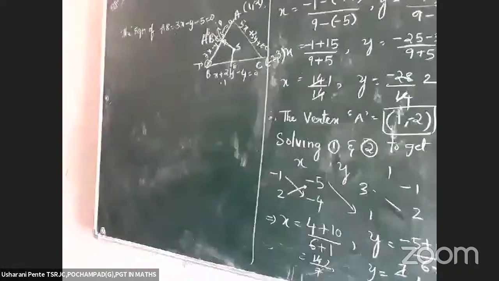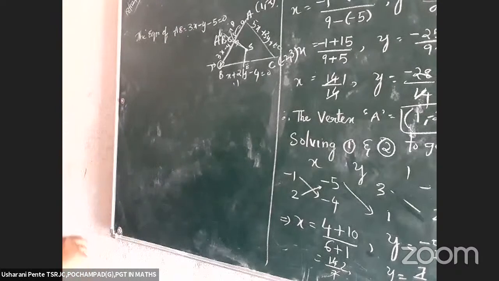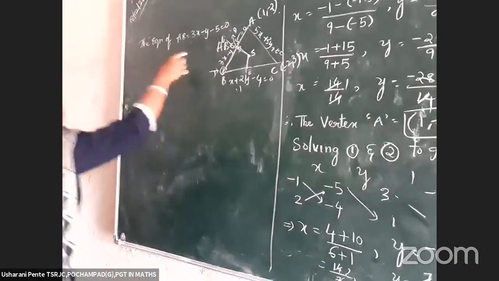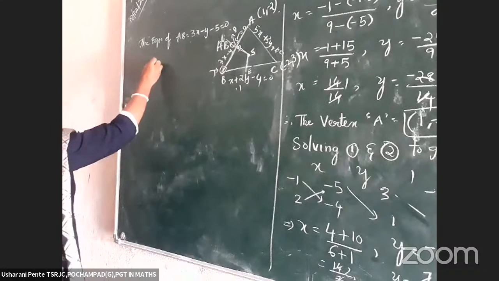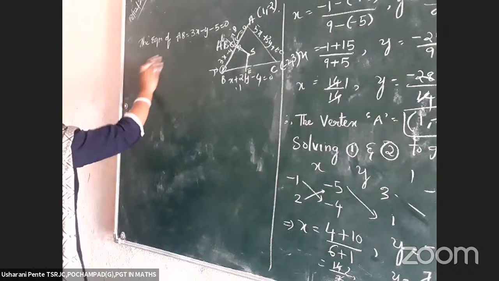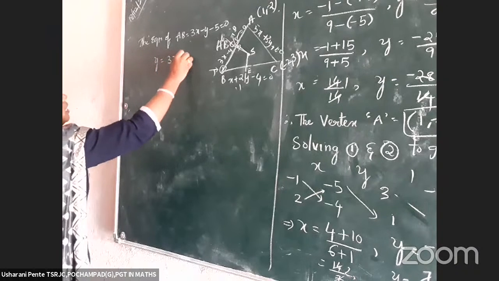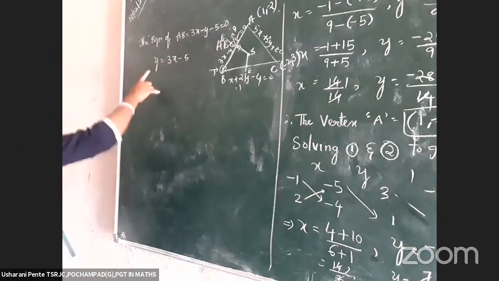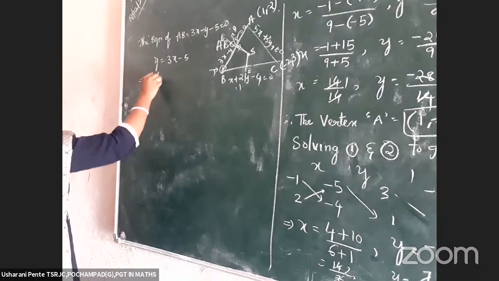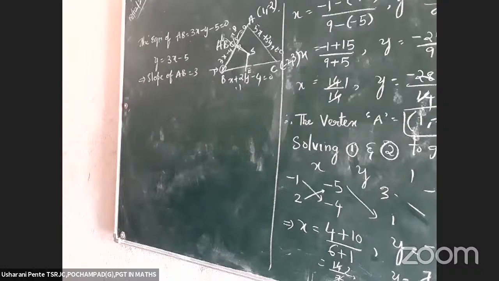For this, if we find the slope, what will we get? Sending the terms to the other side, y is equal to 3x minus 5. This implies the slope of AB is equal to 3.